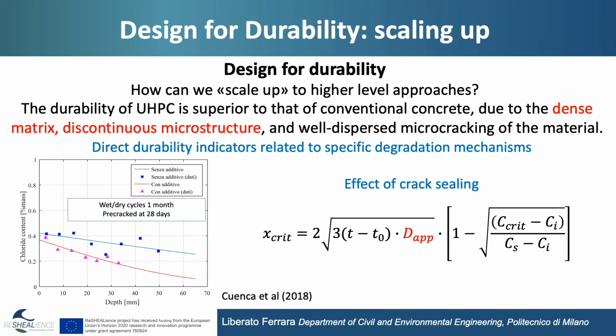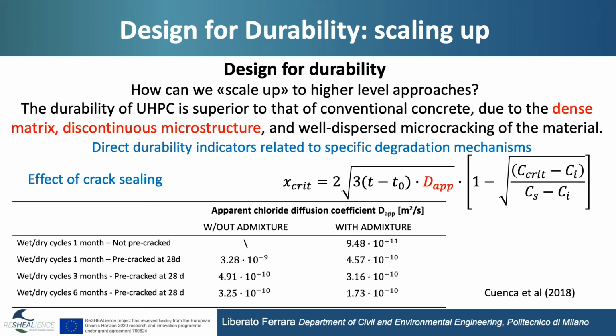You can see that we go from a non-pre-cracked value of about 10 to the minus 11, to values in the range of 10 to the minus 9 to 10 to the minus 10 if we have cracks without any self-healing. With self-healing, in the right column of the table, we have values in the range of 10 to the minus 10, progressively decreasing as the healing proceeds.